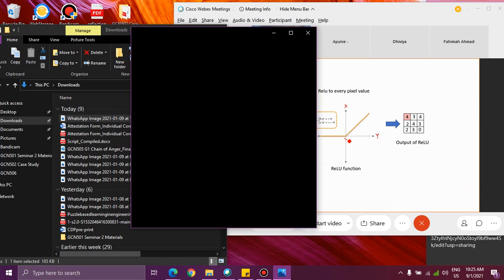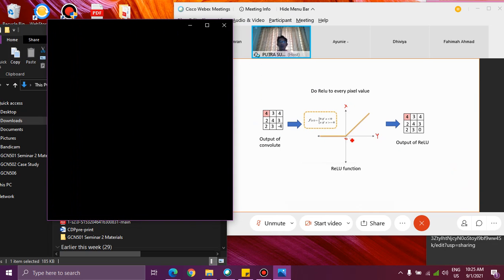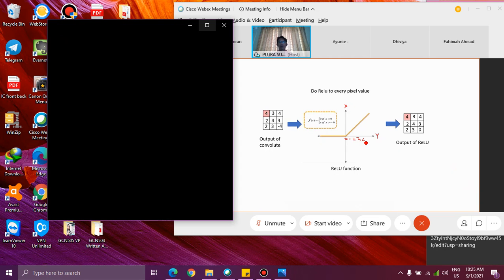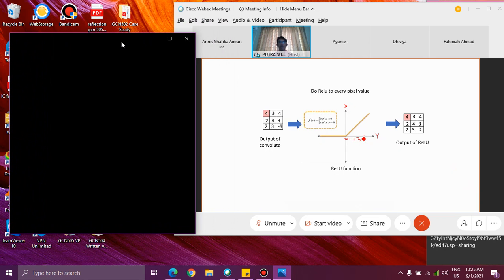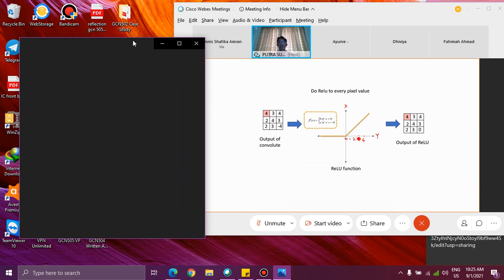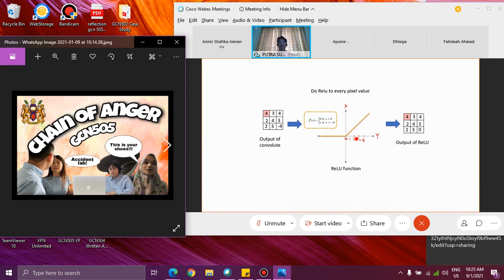Here you have 0 on the y-axis, 1, 2, 3, 4. You get something like this. So ReLU is basically this function. In here you call it a ReLU function, rectify, the name of the function.